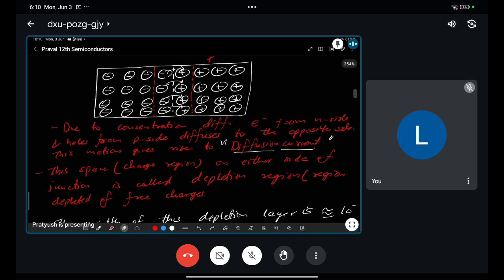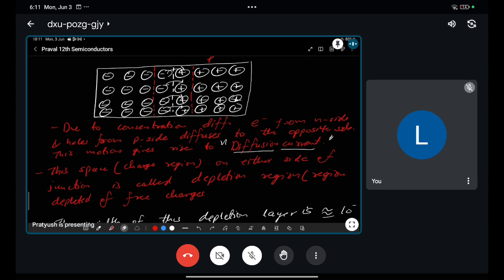Now, a layer is formed in between these two types of semiconductors, N-type and P-type. This region on either side of the junction is called depletion region. Why? See, when holes are moving towards N side, their space is empty now on P side. Getting it?